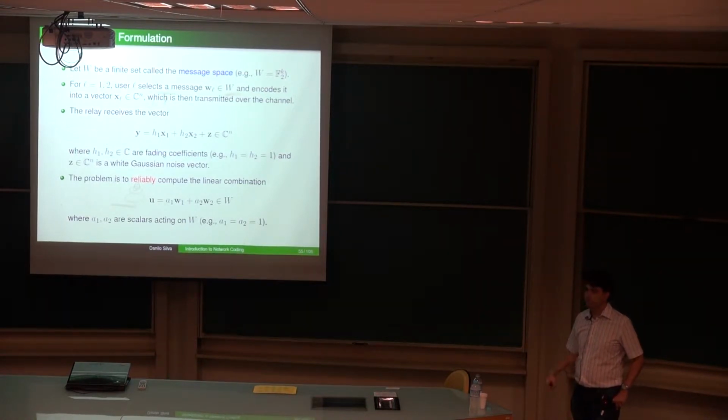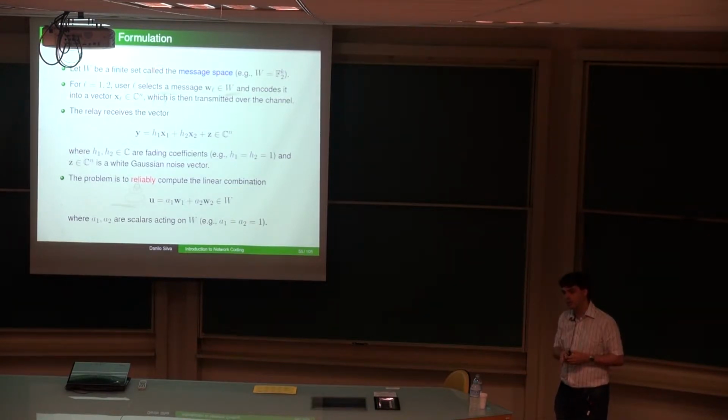You need to use a linear modulation in the air. So you need the signals to add as complex numbers. Okay. For instance, if you use 4-PSK, if one transmitter sends 1 and the other sends i, what we are going to receive is going to be i plus 1.